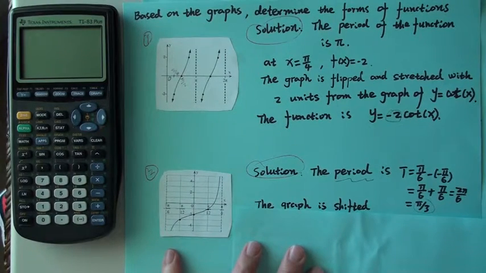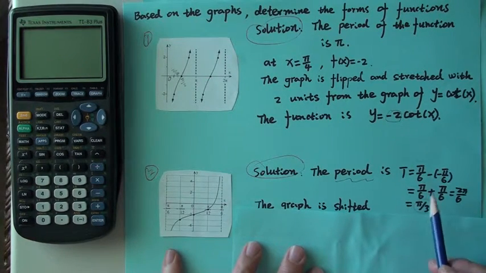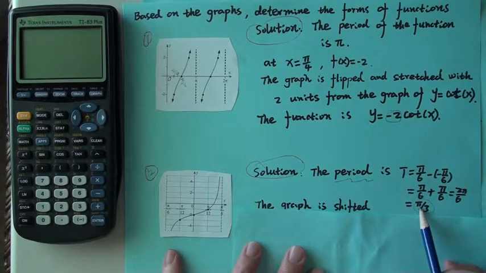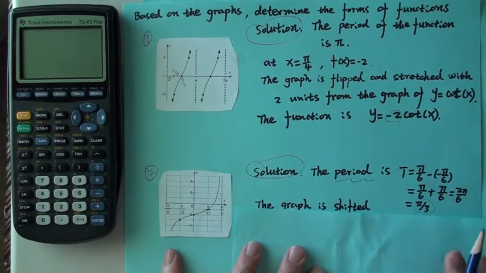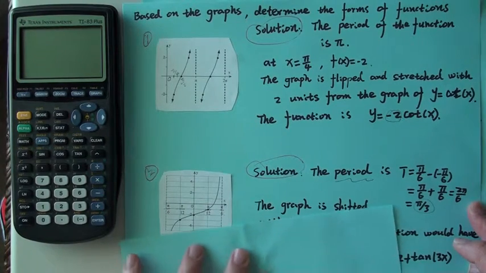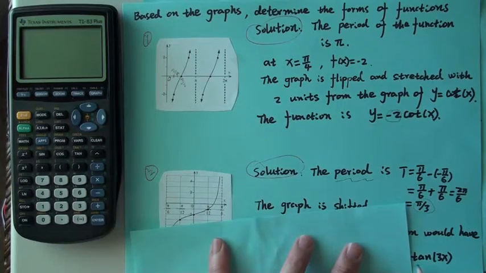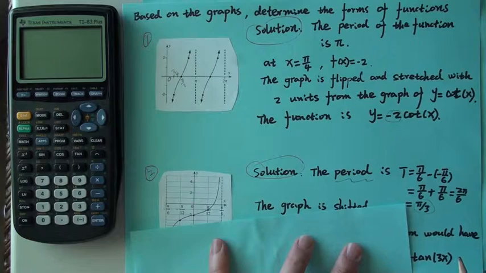Now, if it's pi over 3, you know the cotangent period is pi. And if you divide pi by 3, then you probably agree it will be something like tangent 3x, because tangent 3x has period pi divided by 3. So you might think tangent 3x might be involved, and that's actually correct.